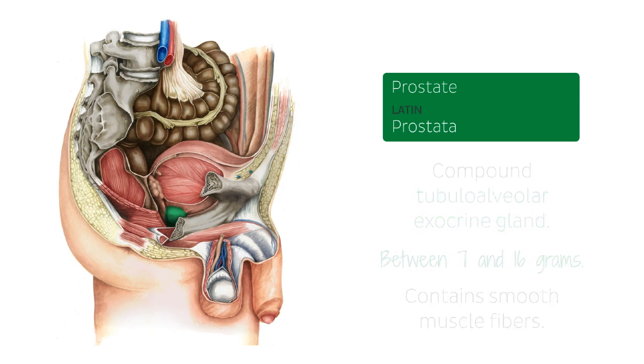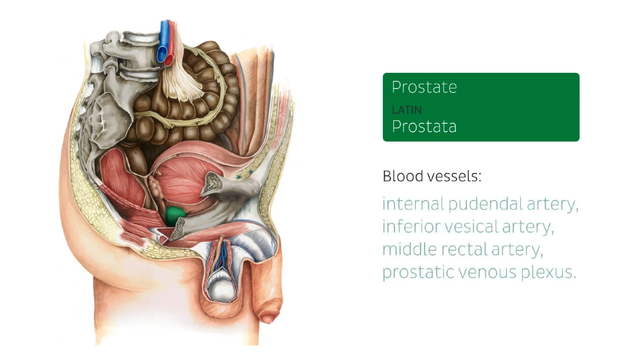There are also some blood vessels that we're going to associate to the prostate. The blood vessels include the internal pudendal artery, the inferior vesical artery, the middle rectal artery, and the prostatic venous plexus. This prostatic venous plexus is connected to the vesical venous plexus. It receives blood and empties it into the internal iliac vein.